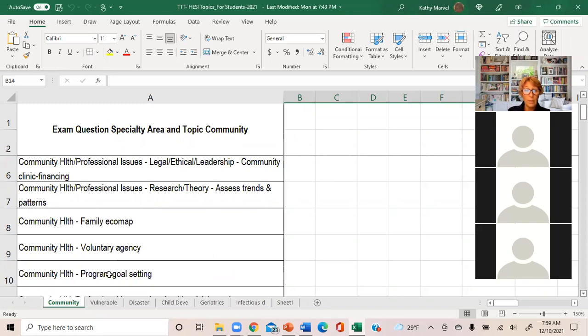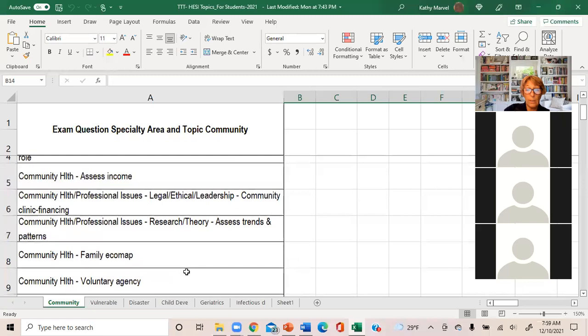Yes. I'm thinking about a question with program goal setting. They present a scenario: here's where we're at in the program goal setting. Which part of the ADPI is this? I'm just throwing that out there.